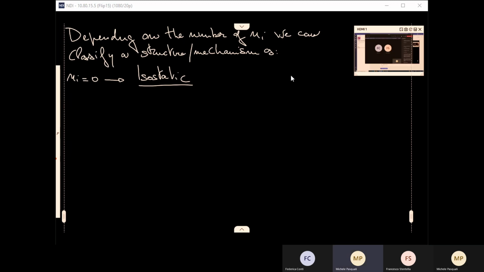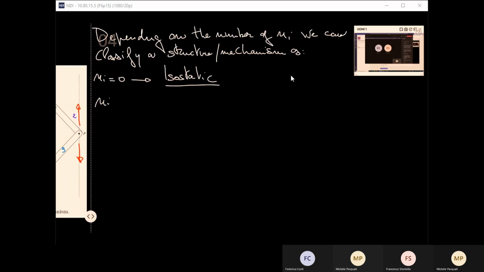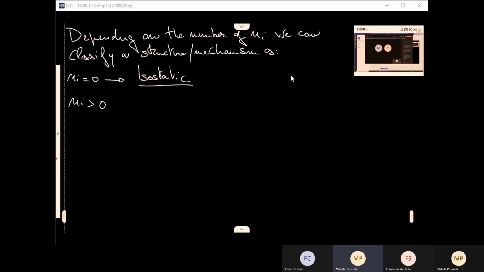Please think of the mechanism that we have just described, the possible mechanism. If this was equal to 0 instead of 1, the mechanism wouldn't move at all, right? Then, if Ni is actually larger than 0, you have something which is unstable, or labile in italiano.